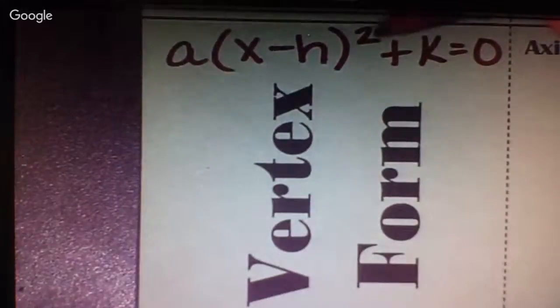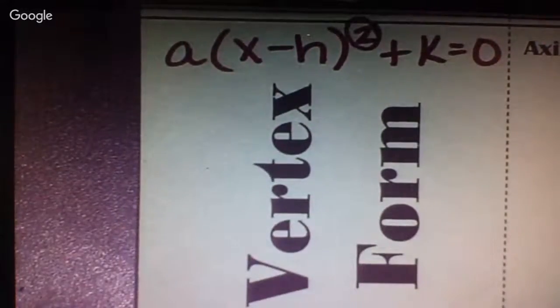Squared. When your leading term is squared, that tells you it's a quadratic. Linear, you just have x. When you have a quadratic, you have x squared. When you have a cubic, it's x to the third. You'll learn cubic back in math 3.